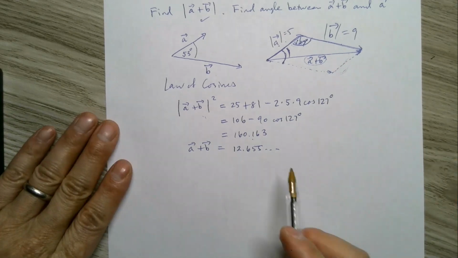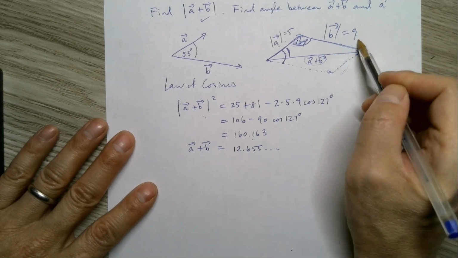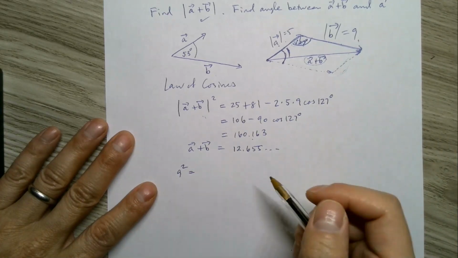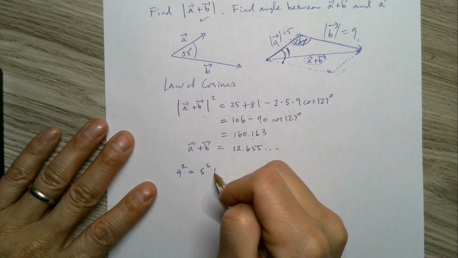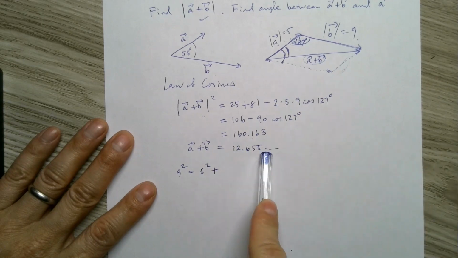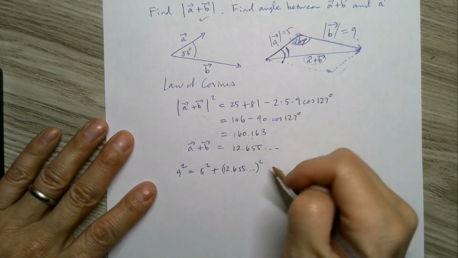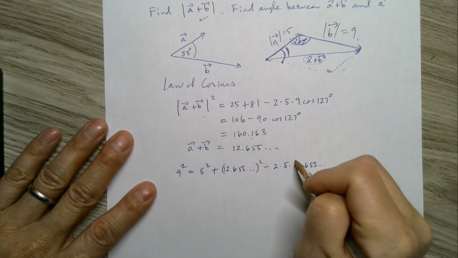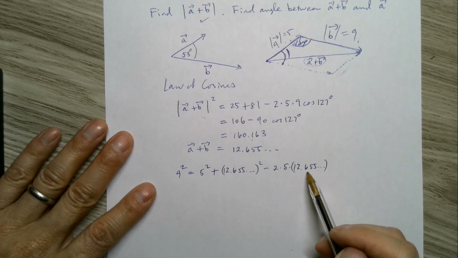So again, law of cosines tells me that the side opposite the angle, which would be this side, 9 squared, is this side plus this side, which I just found, minus 2 times 5 times 12.655, etc. And if you were using a calculator, you would have this stored on your calculator so that you have the entire number and not a rounded version of the number.